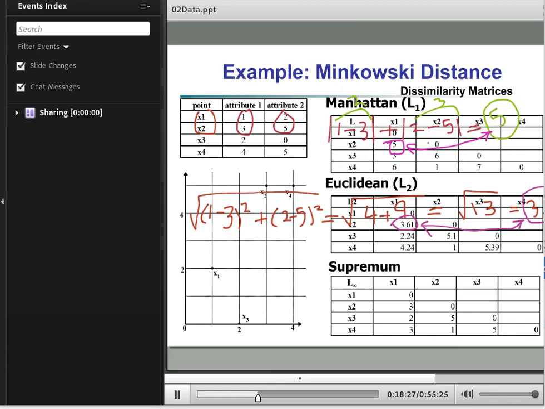And I'm looking to calculate the supremum distance between x1 and x2. So I'm writing the maximum value of 1 minus 3 or 2 minus 5.